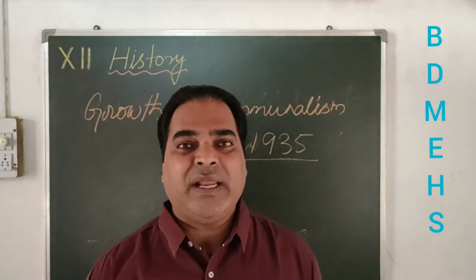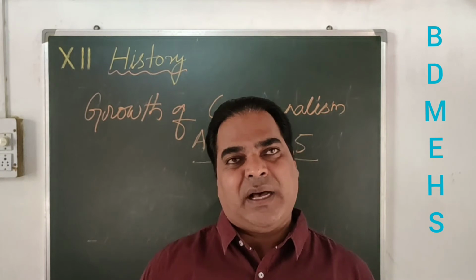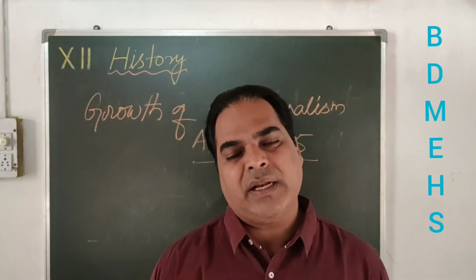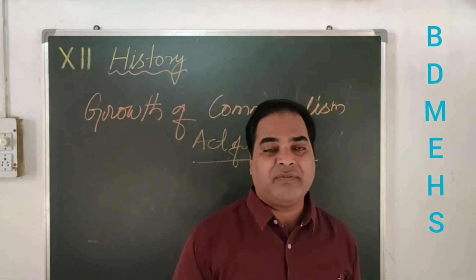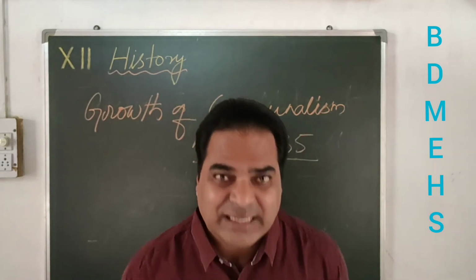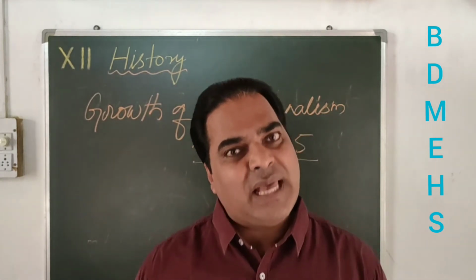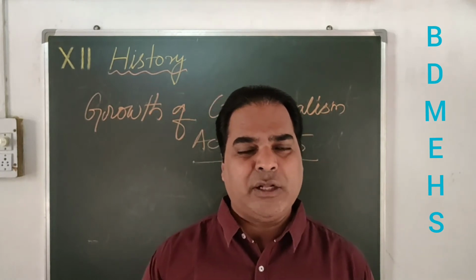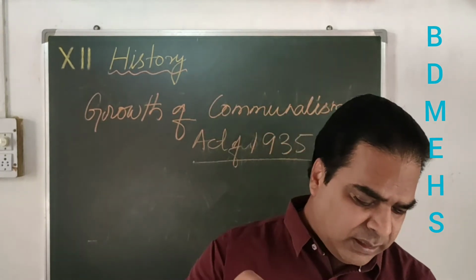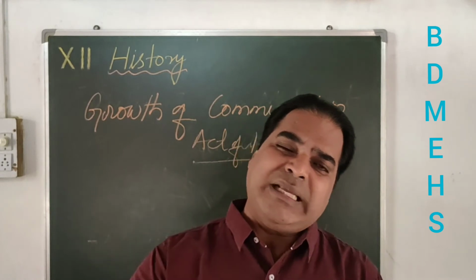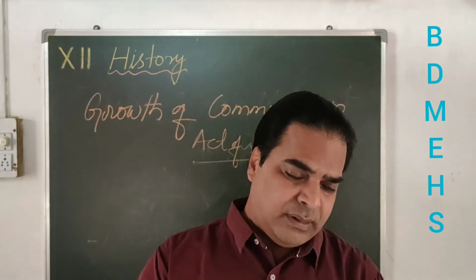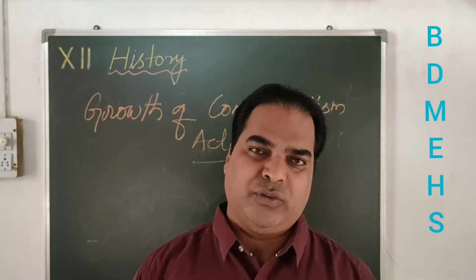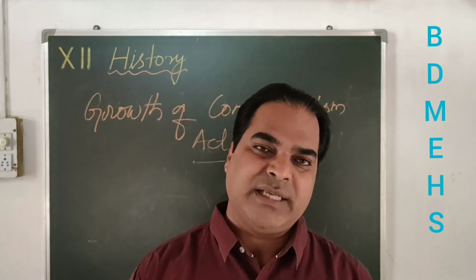The Government of India Act 1935 was passed, and on its basis an election was to be held, and in 1937 the election was held. Congress contested, and the Muslim League also contested, but let me tell you, the Muslim League failed in this election completely.